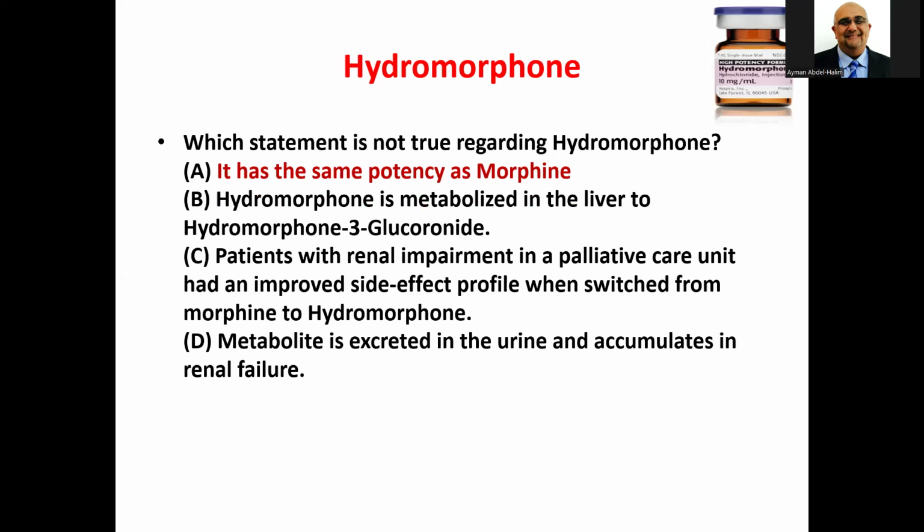Yes, this is correct. And the metabolite is excreted in the urine and accumulates in renal failure. Again, it's safer than other opioids, but you have to cut down the dose in renal failure patients and also make it less frequent.